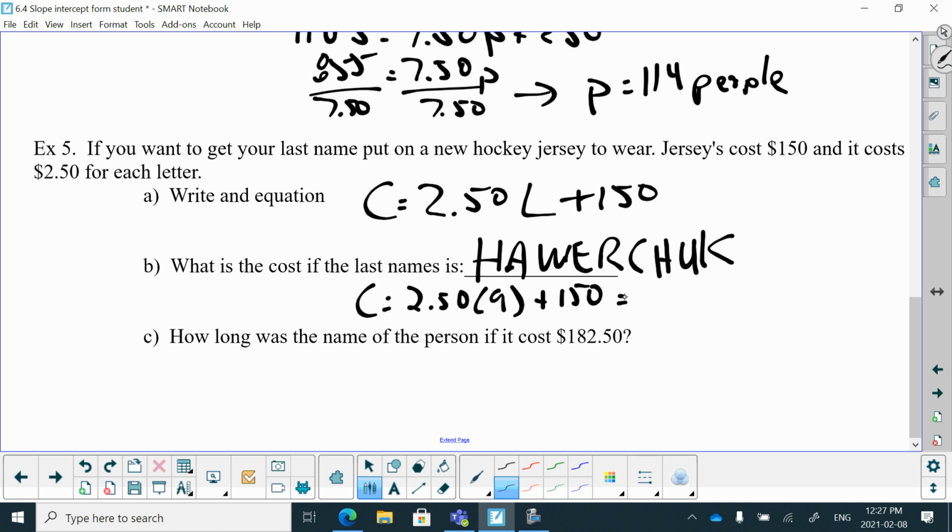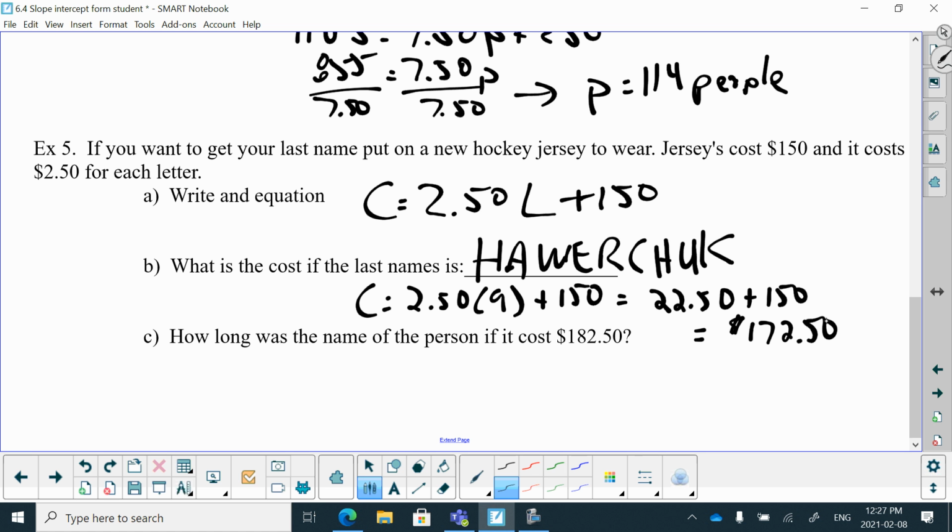Which is? 250 times 9 is 2250. Plus 150 for a grand total of? 2400. So it's money, so put 2 decimals, okay? That's what money is, 2 decimals, even if we do round it off. Good, thank you. Questions on that one?